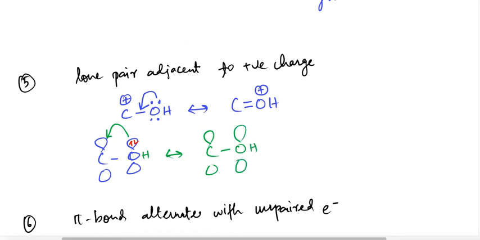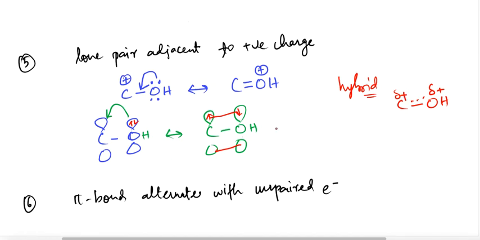So one electron here, one electron here, so they will form a pi bond. So you will get a pi bond here, and since this oxygen is electron deficient, it is giving away one electron to this carbon, so there will be a positive charge on this. And if you draw the hybrid of this structure, then you will get COH, slightly positive charge here, slightly positive charge here.